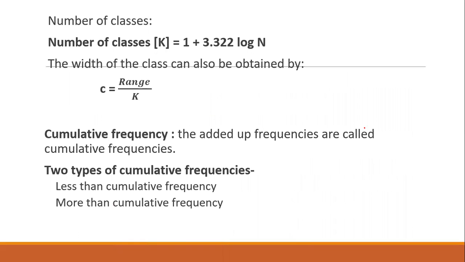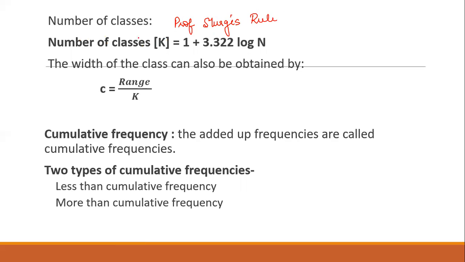Next in today's class is the number of classes. Sometimes in a problem we require to find the number of classes. So how do we find that? The number of classes is obtained by using Professor Sturges' rule.